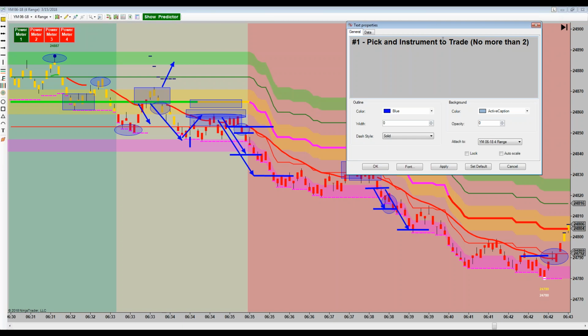It's almost physically impossible because this takes a lot of work. It takes a lot of attention to see these entries and to use the tools and to get in, hit the targets, manage the stops, and then look for another entry and get in and manage the trail and all that sort of stuff. Can you imagine doing this twice at the same time, or 3 times, or 4 times? It's virtually impossible. You can't do it. Please stick to no more than 2. I'm begging you.